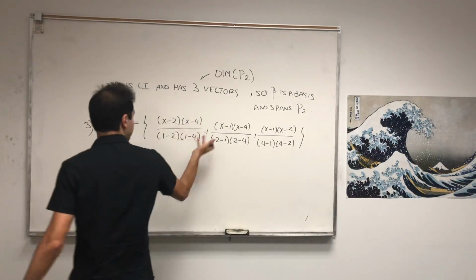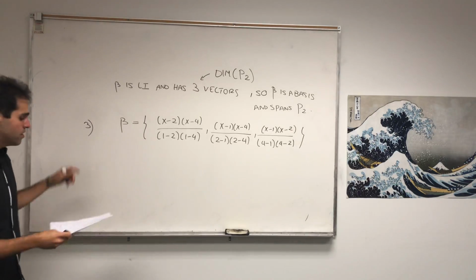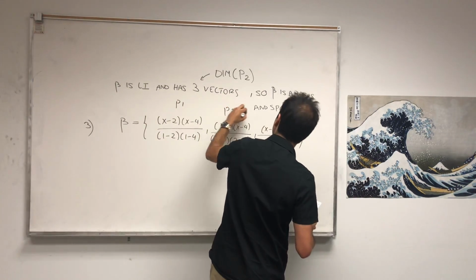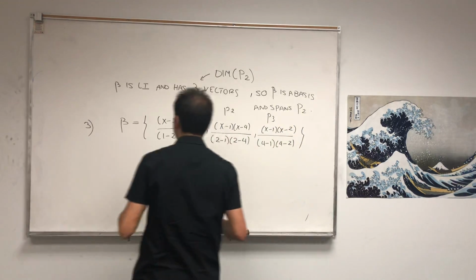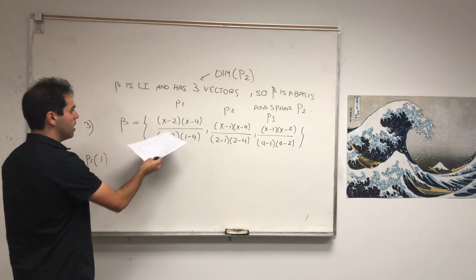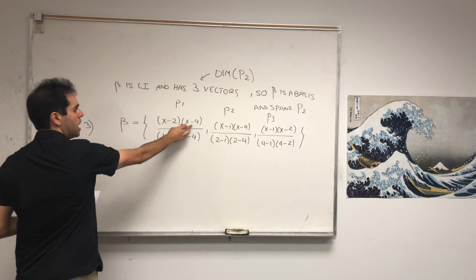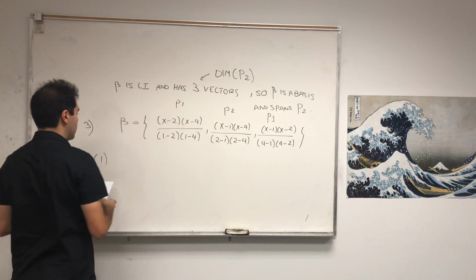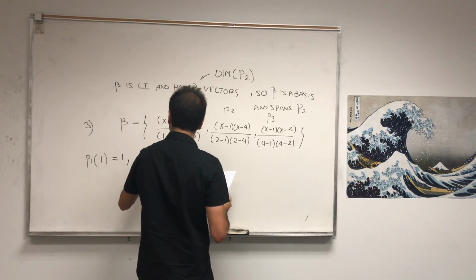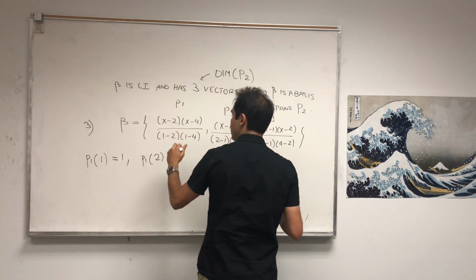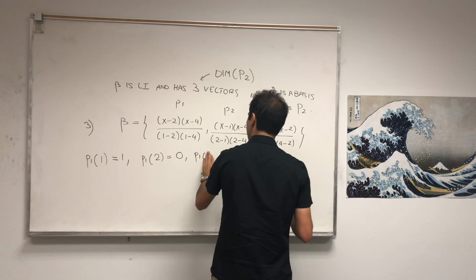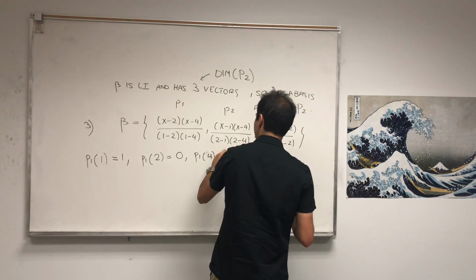But it turns out this is actually a very nice basis, because if you let those be P1, P2, P3, well, notice P1 at 1, that's just 1 minus 2 times 1 minus 4 divided by this, which is 1. P1 at the second root, that's 2 minus 2, which is 0. P1 at the third root, that's 0.